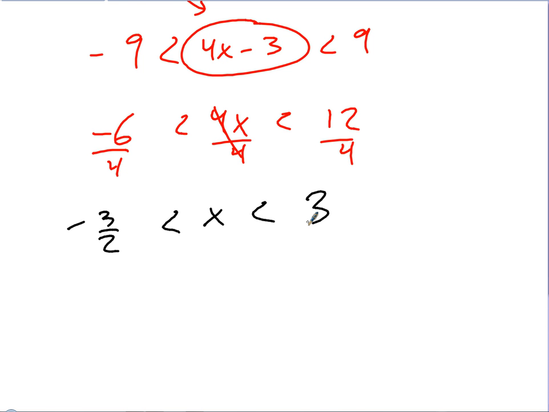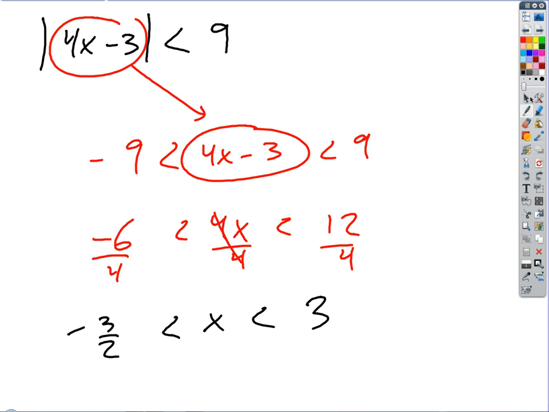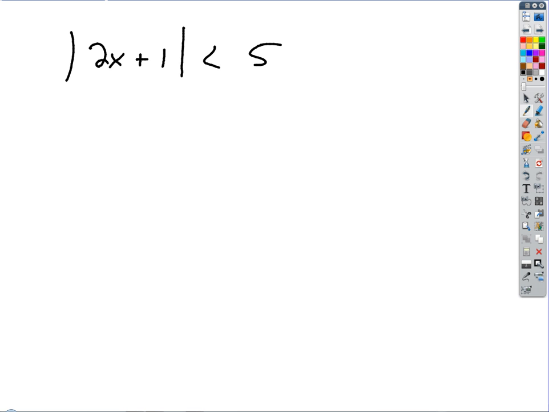Okay, now you try one of those. That was our review. Now you try one of those. An and. Okay, so I'm going to trade this absolute value inequality for a compound inequality. It's or and.